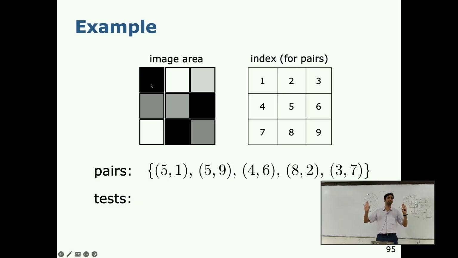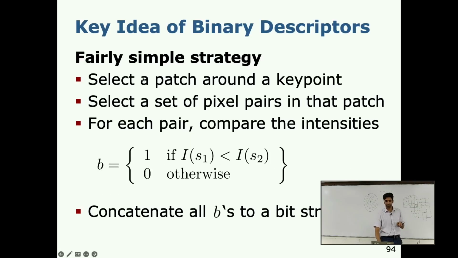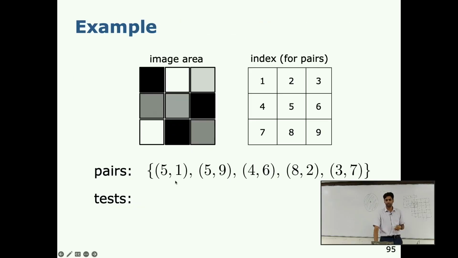Typically in image processing convention, darker areas are closer to 0 and brighter areas are closer to 255. So this is a bigger number minus a smaller number, which is positive, meaning I have failed this test. So I of S1 is not less than I of S2. It's actually greater than I of S2. So the output is 0.